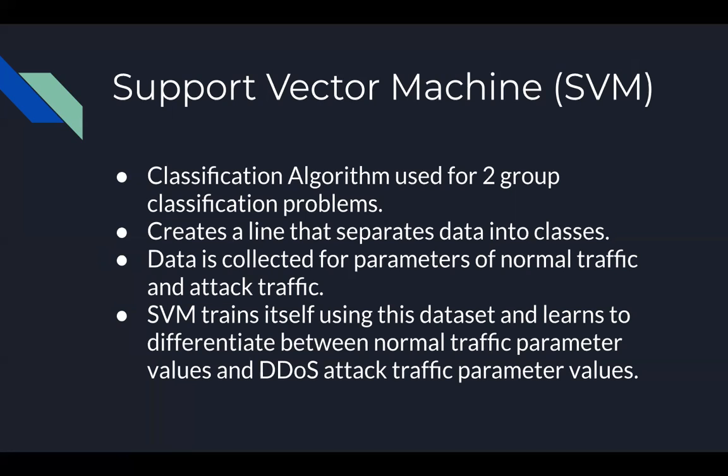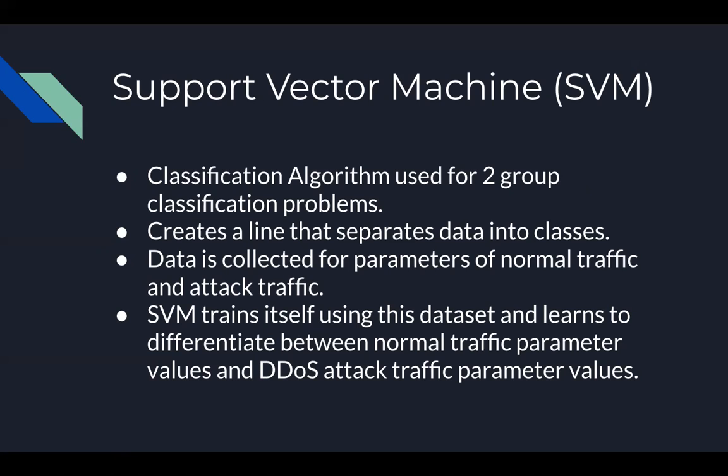But as we went ahead, we are very proud that we not only were able to detect these parameters, but also work on detecting normal traffic and attack traffic, and also blocking attack traffic for a limited period of time, using machine learning algorithms.